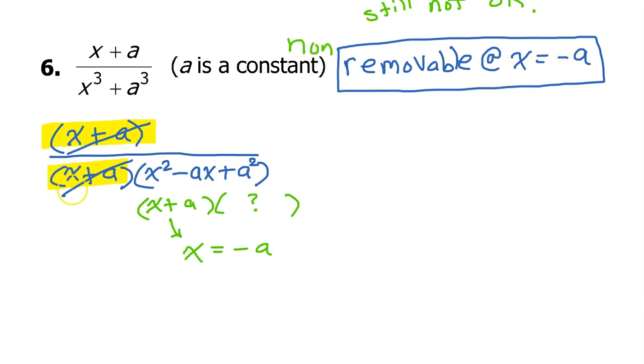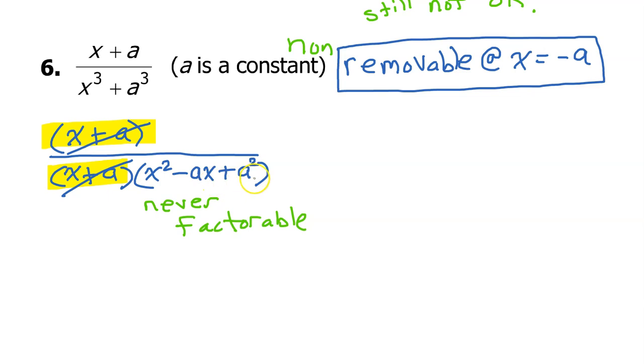Because even though we canceled out the x plus a's, the extra factor of x plus a still remains. But guess what? We don't have to worry about that because when you factor the difference of 2 cubes, the remaining trinomial is not going to be factorable. So we don't have to worry about that special case.